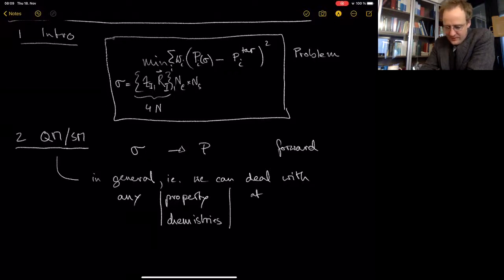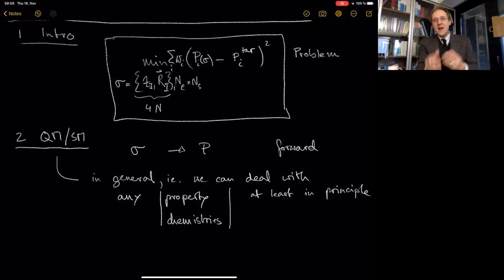At least in principle, right? So that's the immense power that is encoded by the laws of physics, which, of course, we want and maybe we even need to exploit.